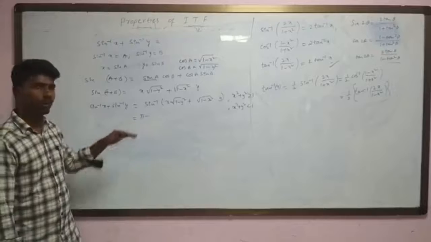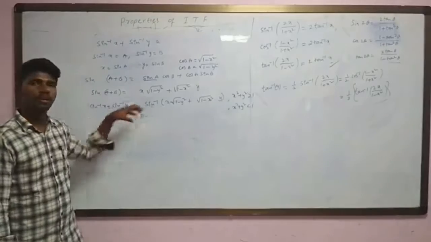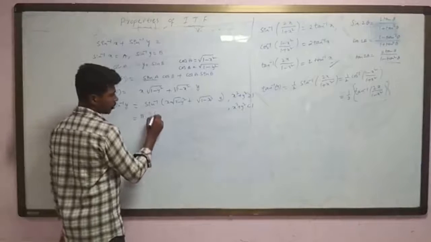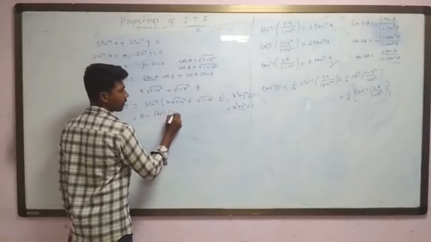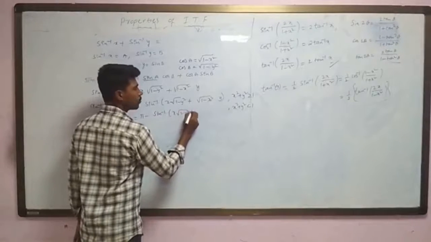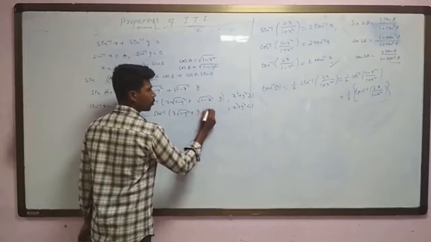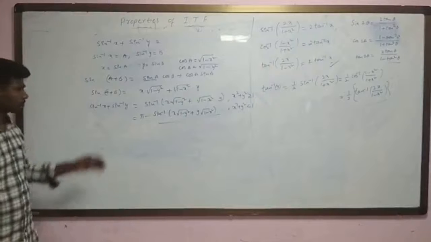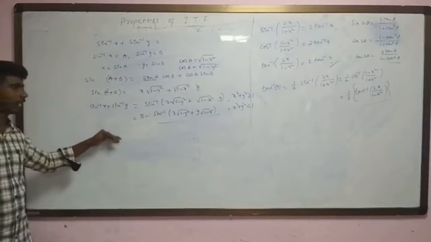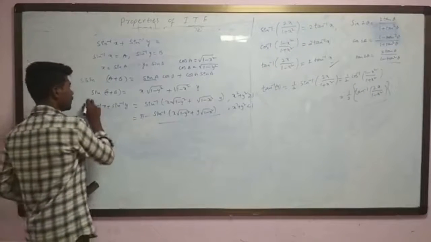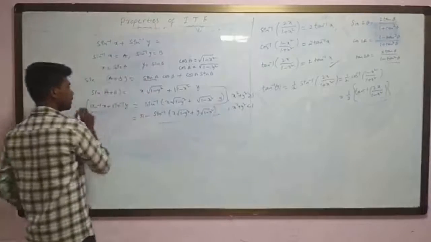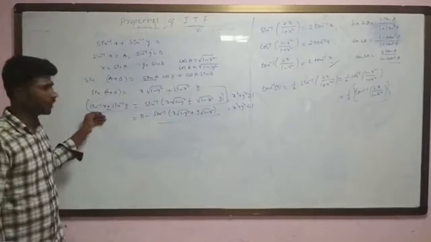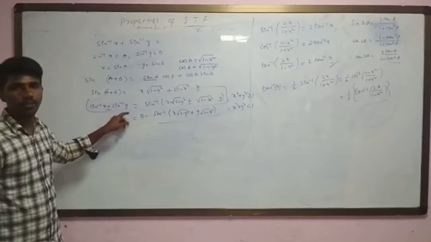So for that we have to subtract the given values from pi. So what I get? Pi minus the usual thing, sin inverse of x root 1 minus y square plus y root 1 minus x square. If I want to get sin inverse x minus sin inverse y, what can we replace? We can replace plus as minus, then we'll get sin inverse x minus sin inverse y.